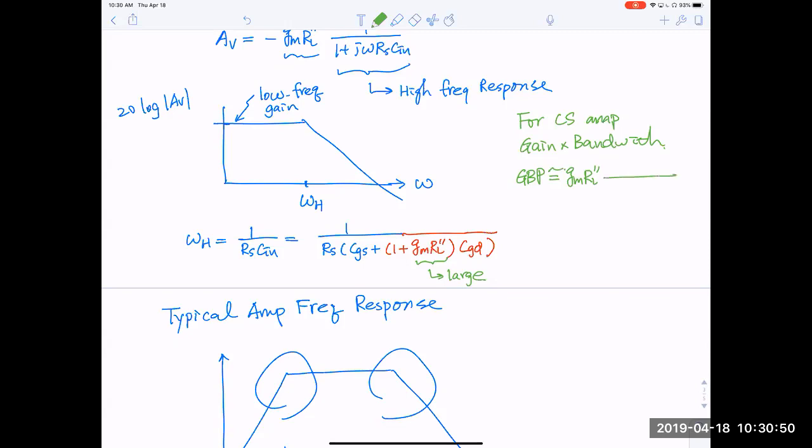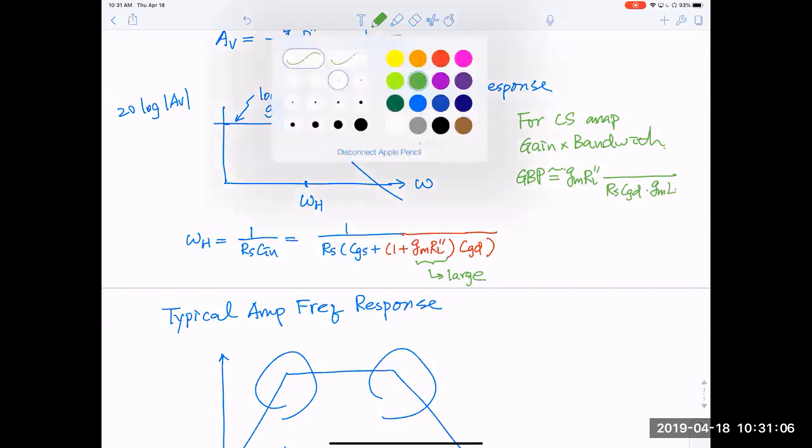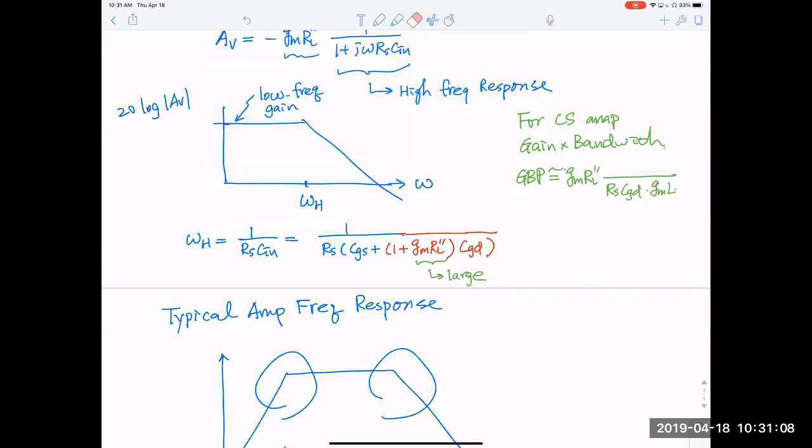1 over RS CGD times, let's ignore the 1, gm RL. So that's the bandwidth and the gain bandwidth product.